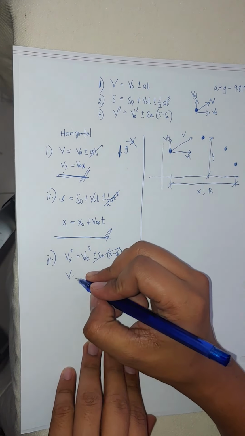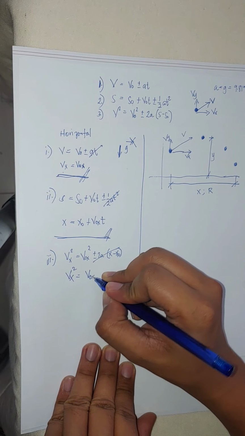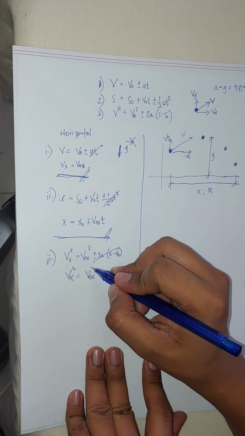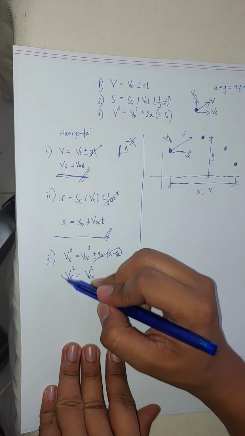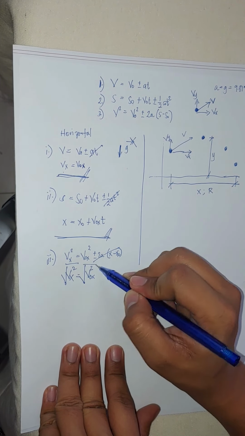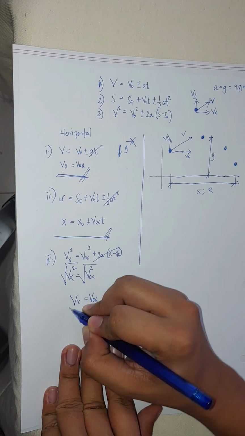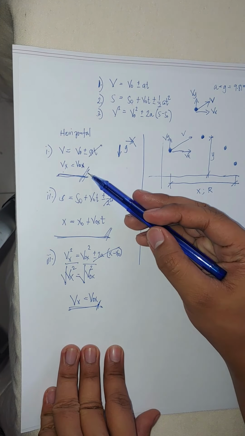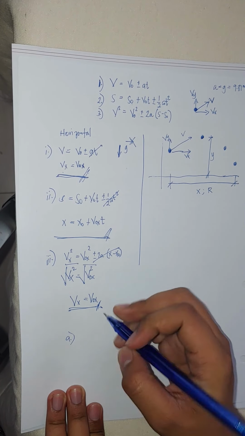So Vx squared is just equal to the horizontal component of the initial velocity squared. And we can simplify this equation by extracting the square roots, so we have a final answer of Vx equal to Vox, which is similar to the first one. So in the horizontal component, we have two equations.